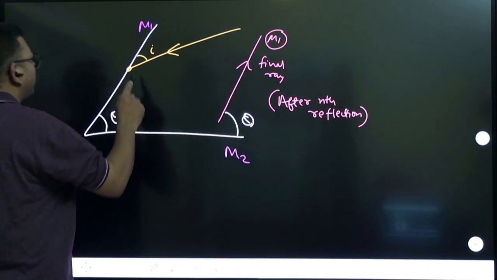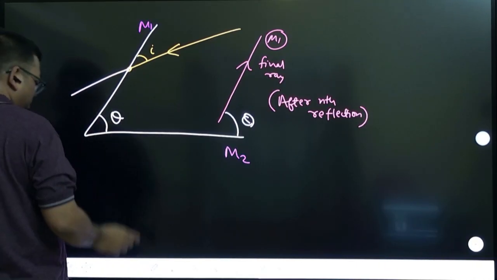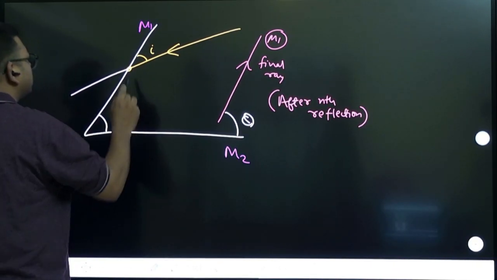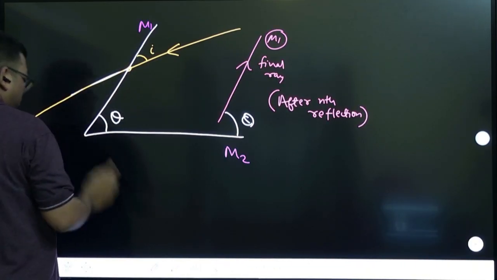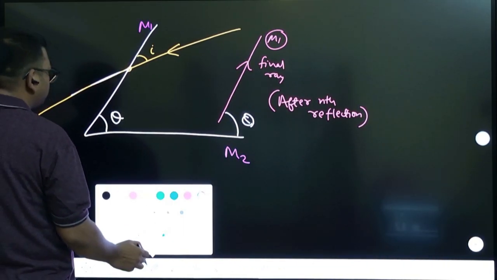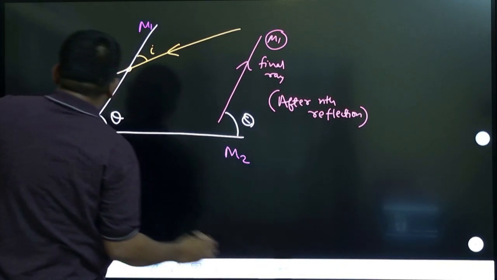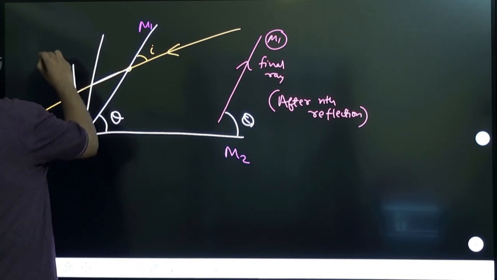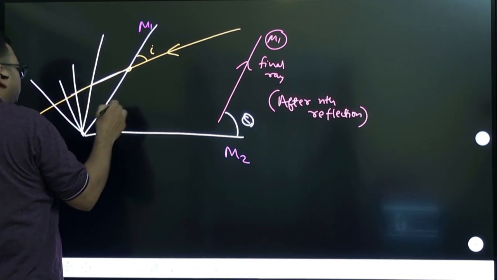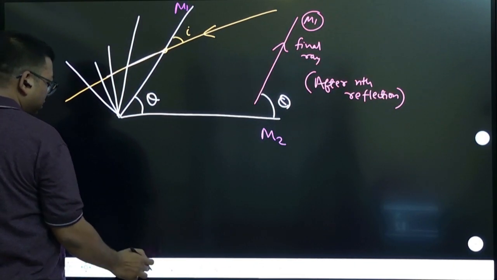Suppose the ray is going like this, and I will make these mirrors with the same approach. Theta, theta, theta, theta.